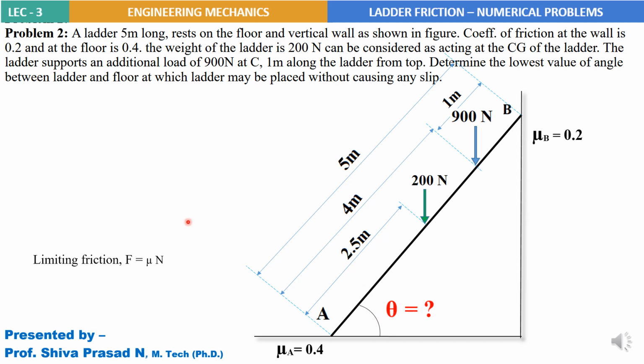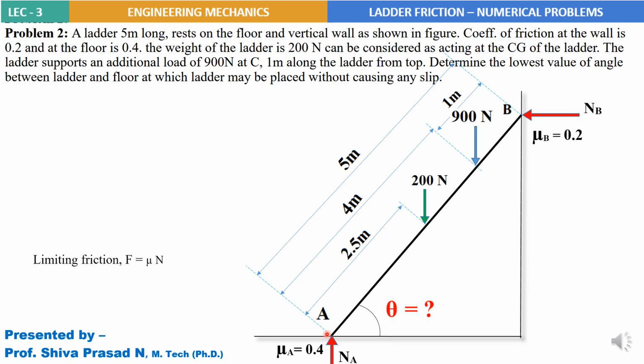So with this information, let's draw the free body diagram. At the contact points I have NA and at B I have NB.